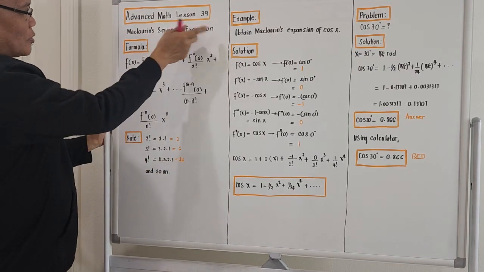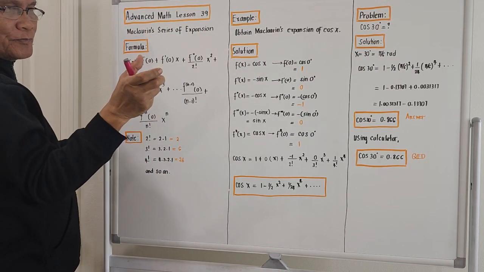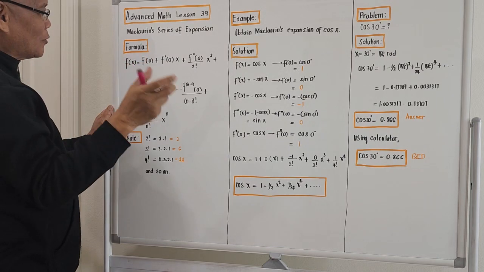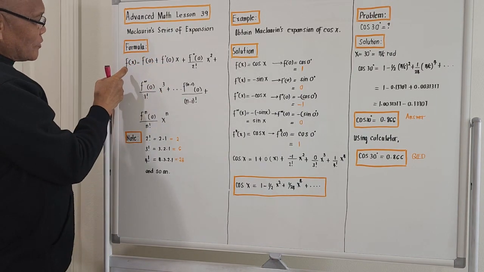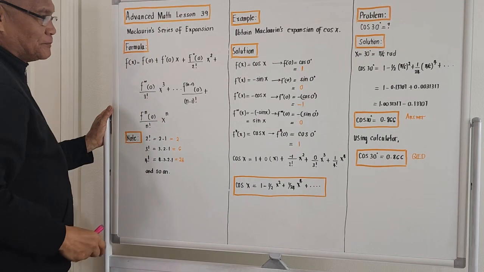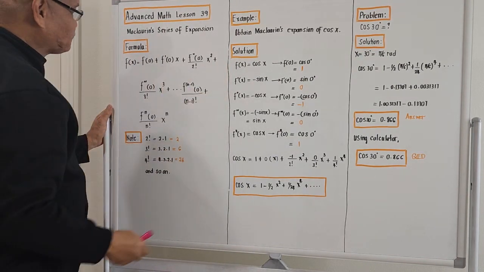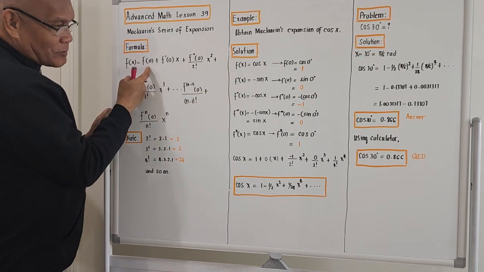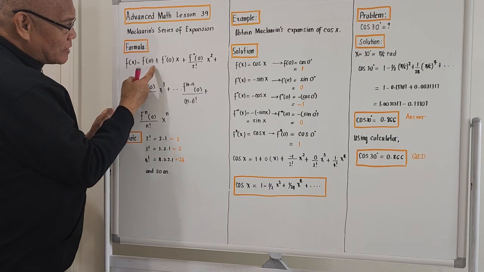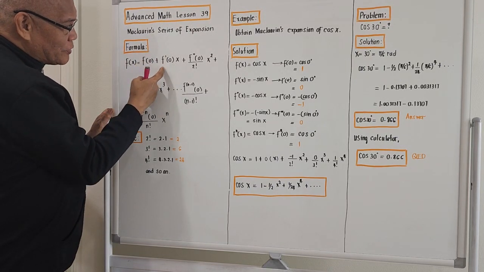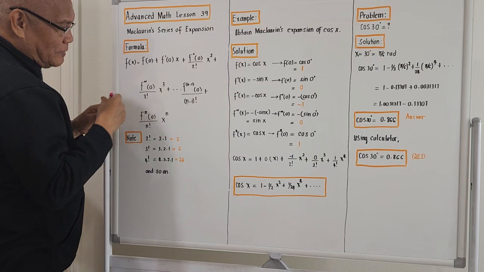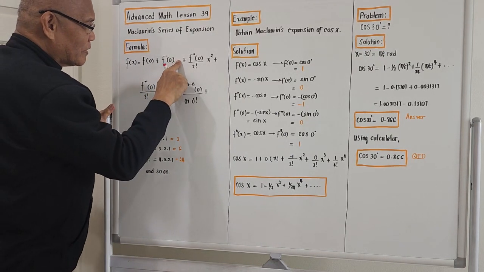For Maclaurin's series of expansion, the formula will be something like this. Function of x can be written as, on the right hand side, f of 0 plus f prime of 0 multiplied by x.